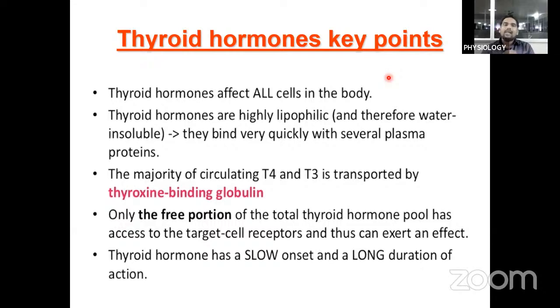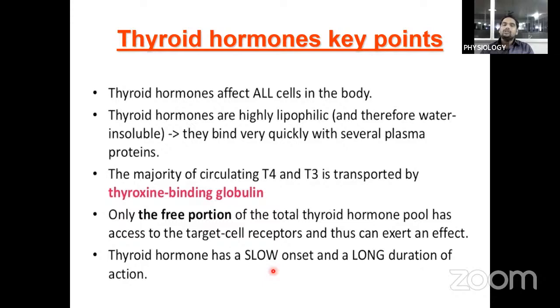These thyroid hormones are highly lipophilic in nature, so they can bind very quickly with several plasma proteins. The majority of circulating T3 and T4 is transported with the help of thyroxine-binding globulin. Only the free portion of thyroid hormones can reach a target receptor and exert its effect.